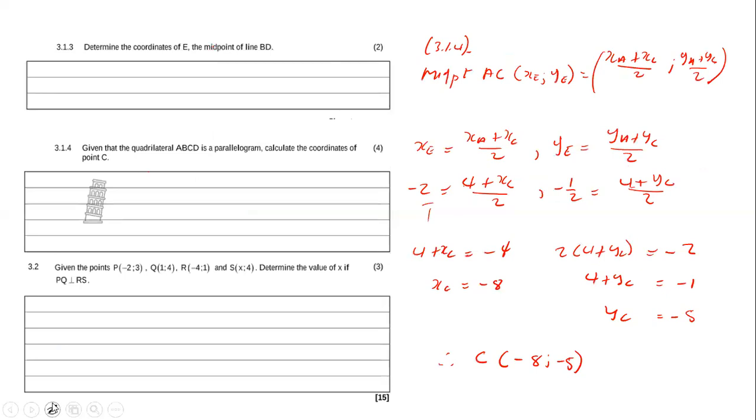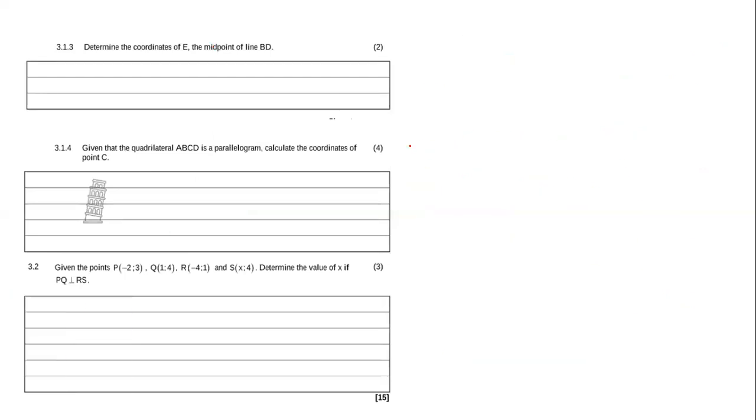Without wasting time, moving fast again, we move to 3.2. It says: given that P, Q, R, and S, determine the value of X if PQ is perpendicular to RS. Since these are perpendicular, the product of the gradient of PQ and the gradient of RS is supposed to give us negative 1.